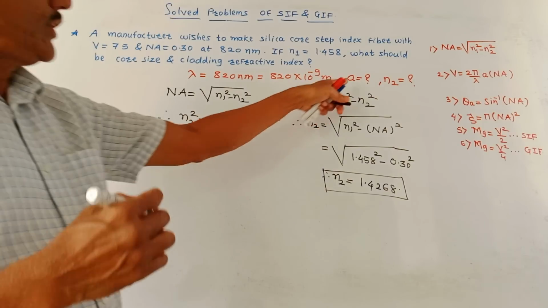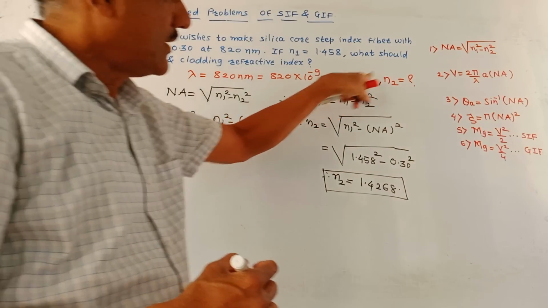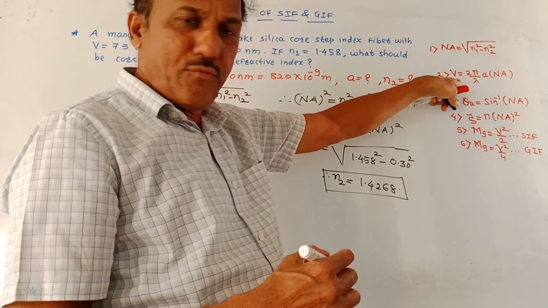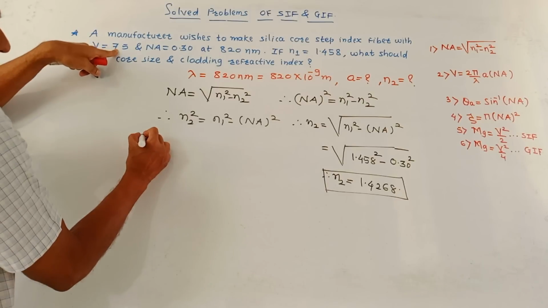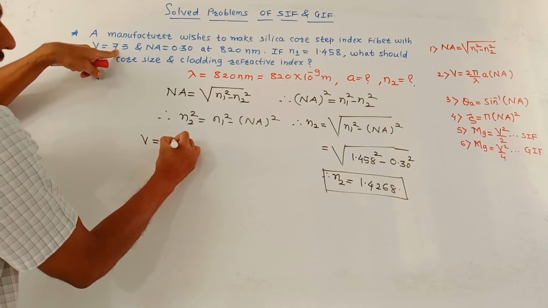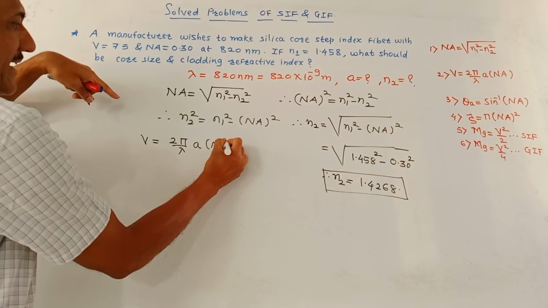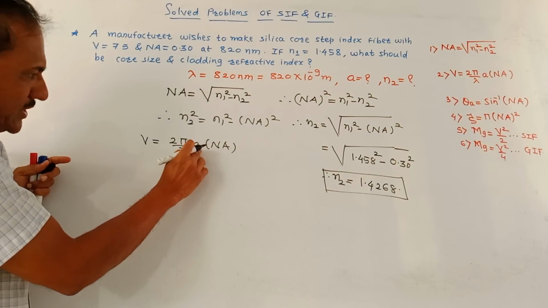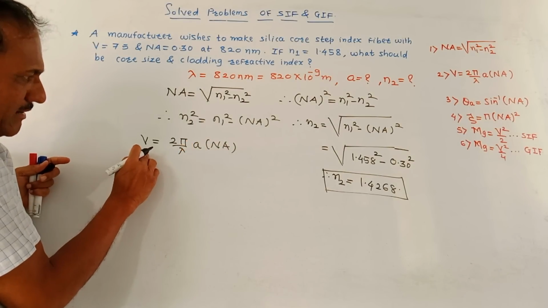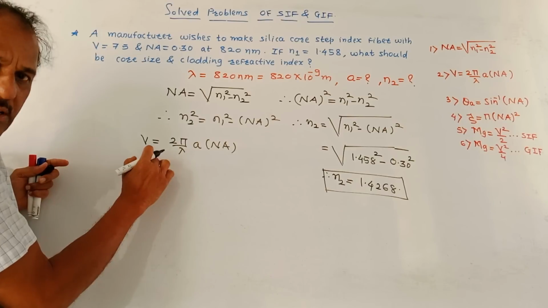Now the remaining part, we need to calculate the value of A, that is the core radius. So make use of this formula of V number, because the value of V is given in the question, 75. So first I will write this formula: V is 2 pi by lambda, A into NA. I need to calculate the value of A. Simply rearrange the equation, transferring all the terms except A to the other side.